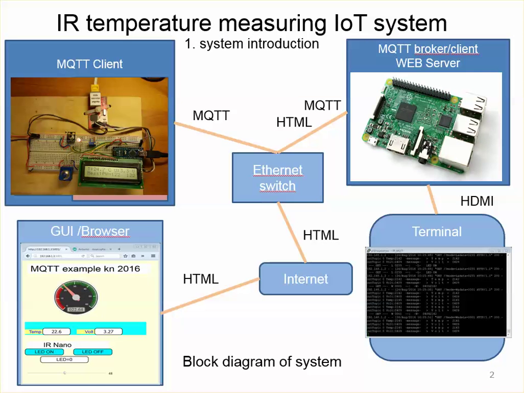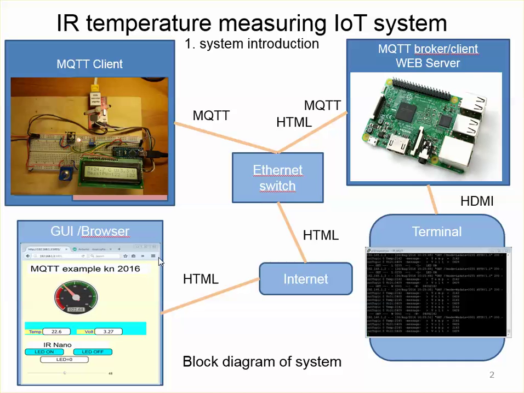Here's the block diagram of the system. Here we will have this Arduino side, which is acting as an intelligent sensor device, and then we will have this Raspberry Pi, which is working as the MQTT broker, client and web server side.